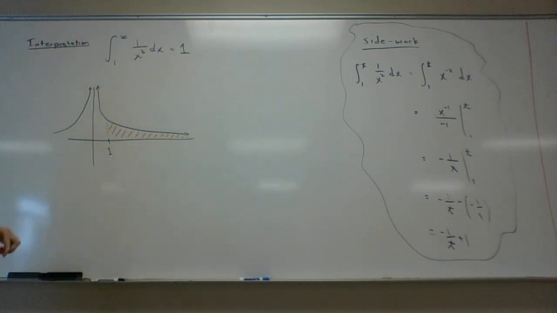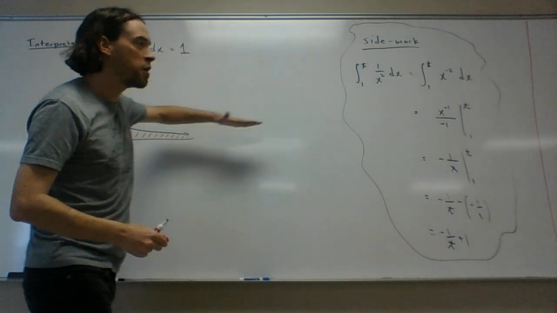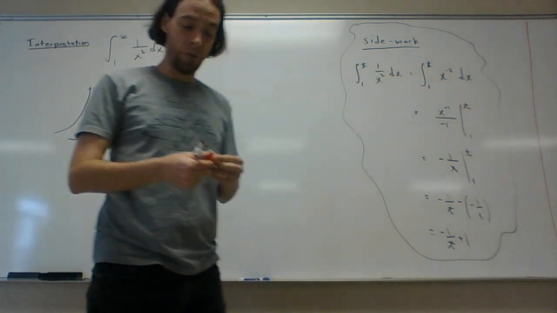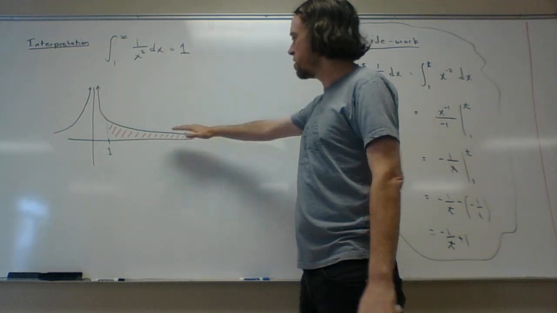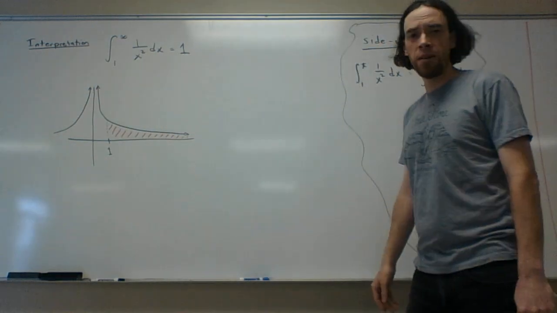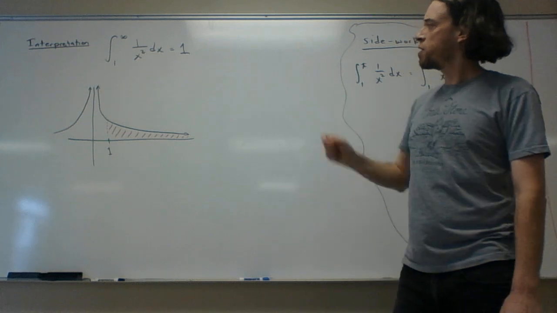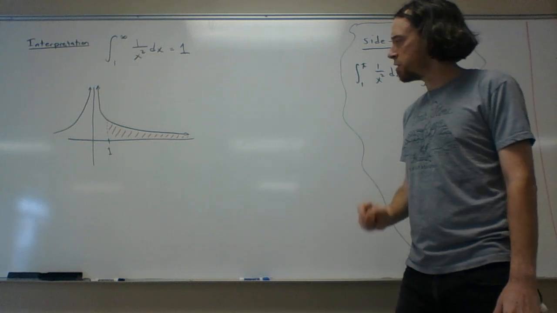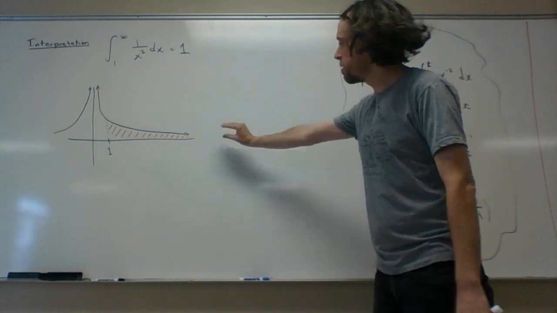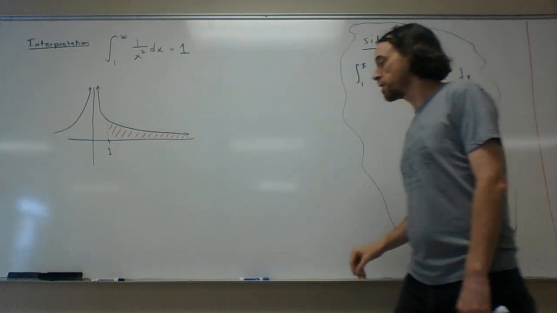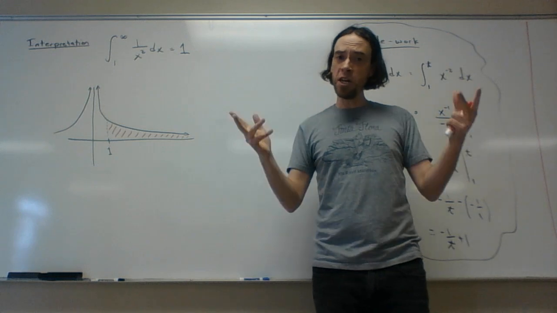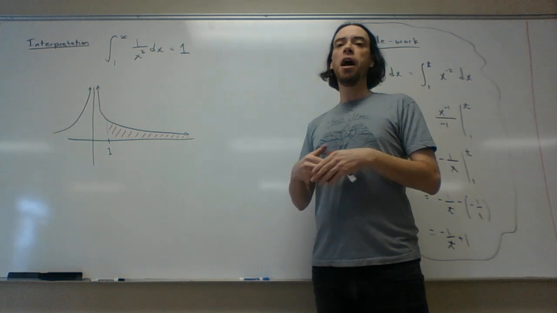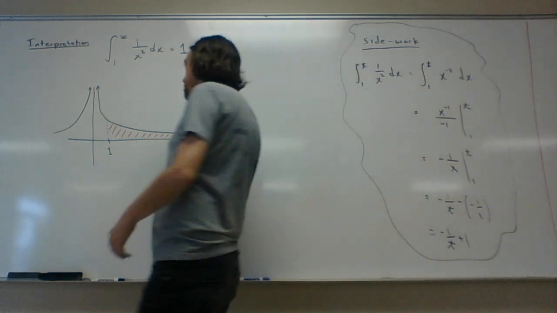And of course that shading just continues on forever and ever and ever to the right there. So this is an unbounded region. It continues on forever to the right. But what this example tells us is that the area of this region that never ends is a finite area. It's sort of an infinite region, an unbounded region that has a finite area.